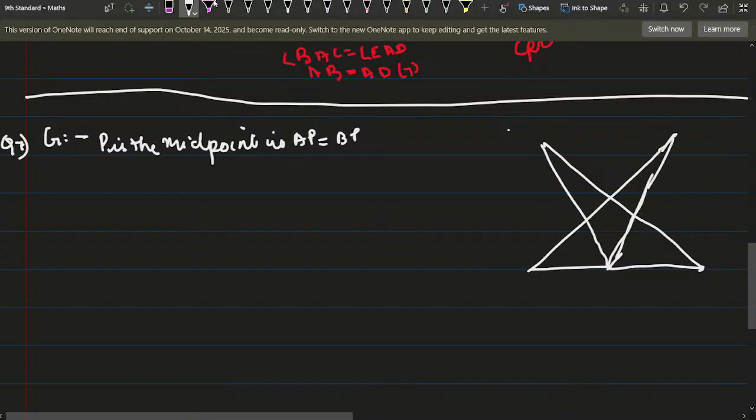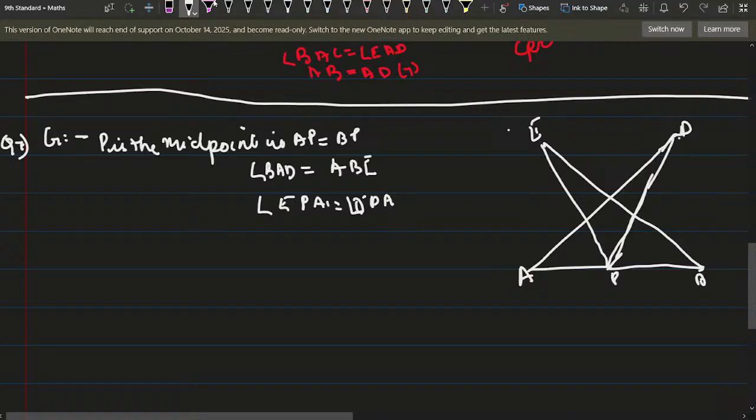Okay, in this figure, this is A, P, B, D, E. It is given that AP is equal to BP, angle BAD is equal to angle ABE, angle EPA is equal to angle DPB.